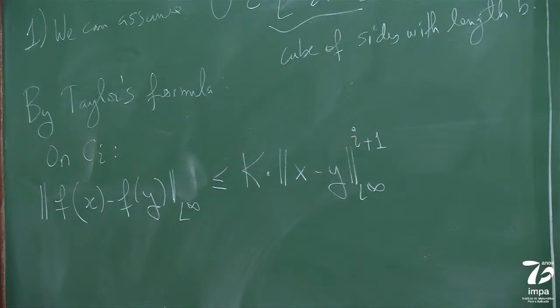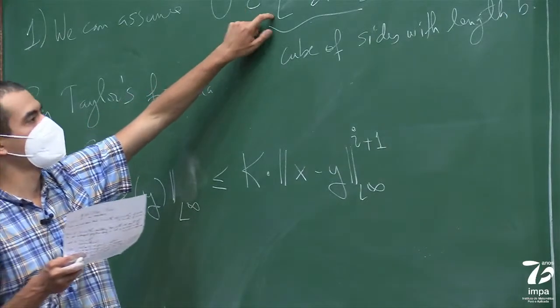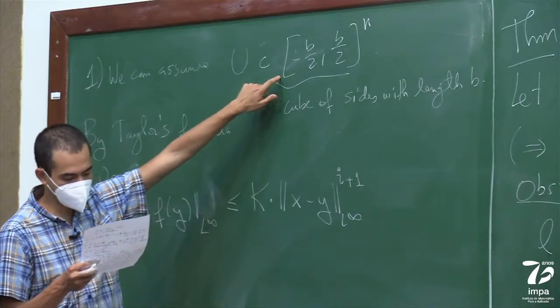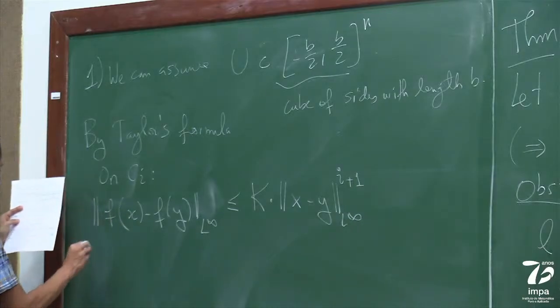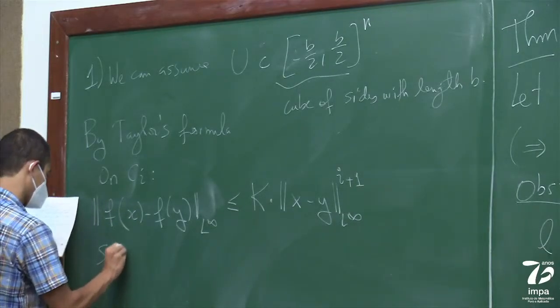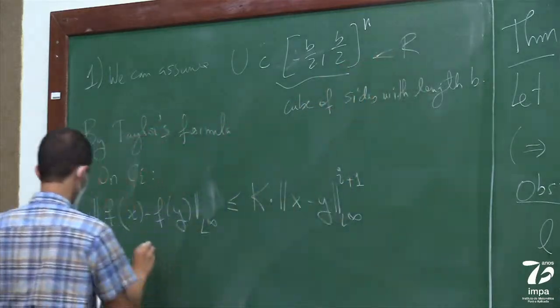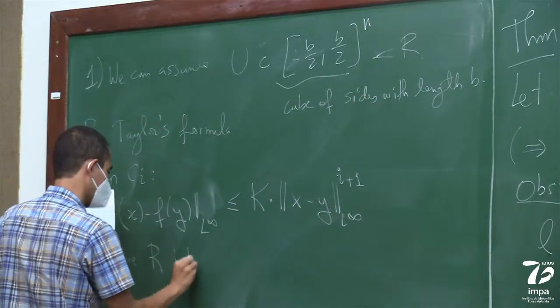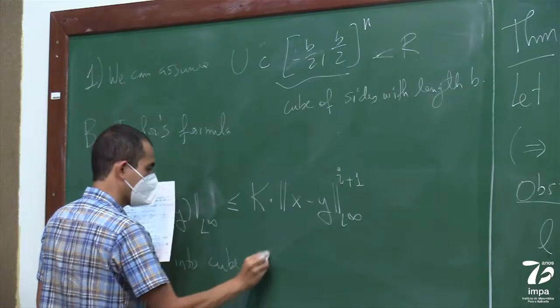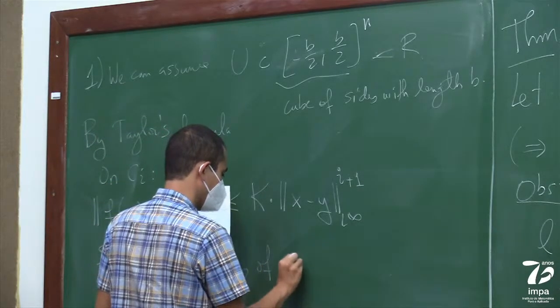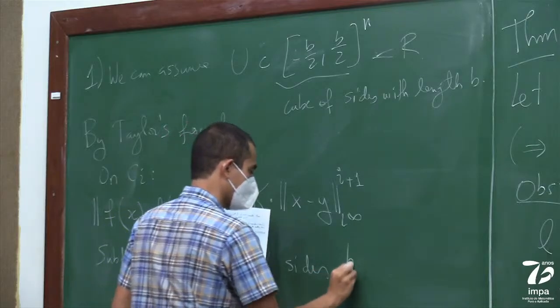Okay. So then now what I do is I subdivide this cube, that I'm going to call R, into cubes of sides b over r.